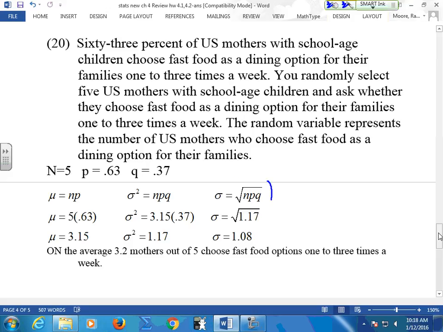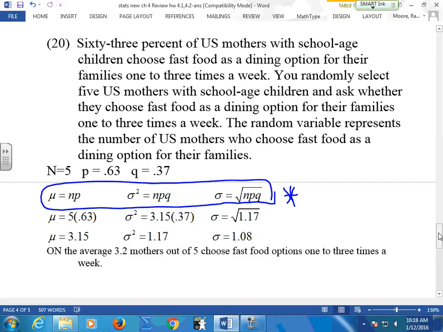So we have these nice little rules, formulas, that you have to remember, okay, to be able to find this. Now, I find the mean makes common sense because if you have an amount of people and your probability is, say, 20% that those people are going to say yes, 20% times n makes perfect sense, right? So there's your n times p. Then your next step is multiply by q. Then your next step is take the square root. So it kind of falls into place.